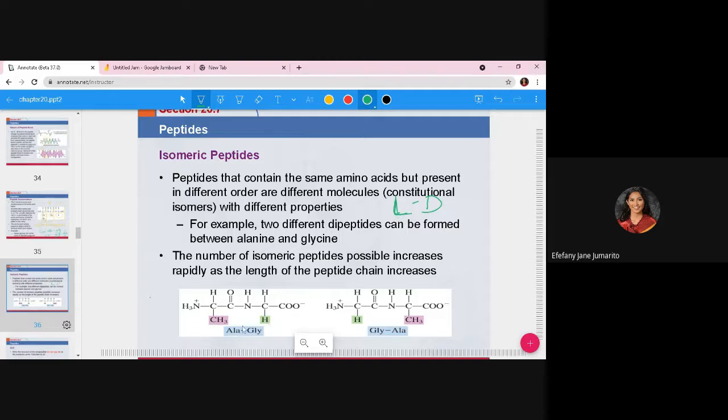Now for isomeric peptides, if we have two amino acids, then there will be 2 factorial isomers. 2 factorial is 2 times 1, so there will be 2 isomers: the first isomer, then the second isomer.